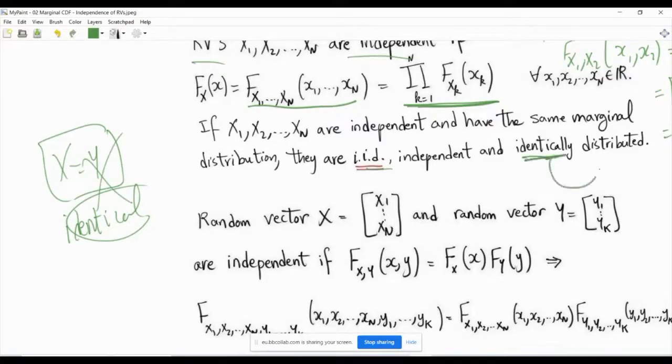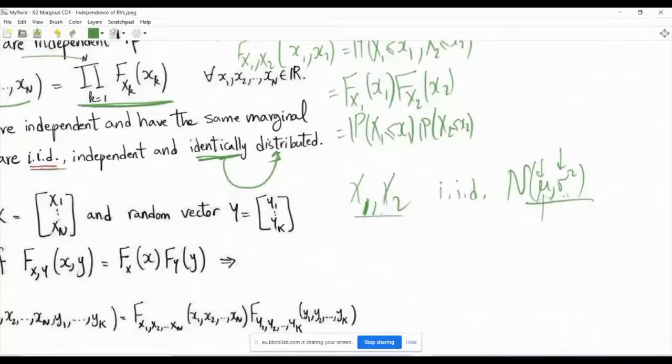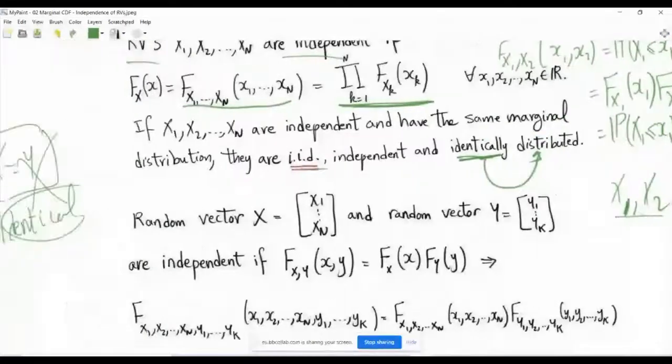It's identically distributed. They have the same distribution. The underlying distribution of each random variable is exactly the same. So if one of them is Gaussian, the other is Gaussian, as I said in this example, and they have the exact same parameters. It's not that one of them has a certain mean and the other has a different mean. Very important, so never make this mistake. Never treat identically distributed random variables as if they are identical.